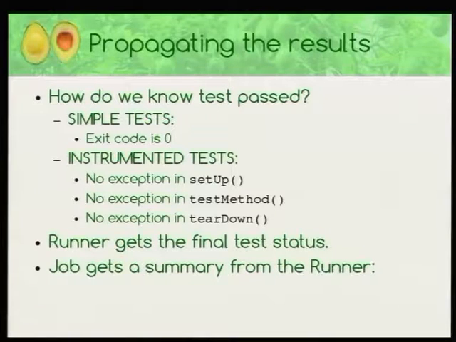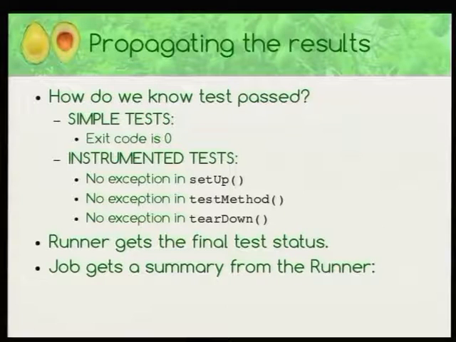Okay, and how will the job back there know the results from the tests that are executed by the test runner? How do we propagate the results back up? If they are simple tests, it's all about receiving the exit code 0, and then we consider that that test actually passed. If it's an instrumented test, then we check that there's no exception in the setup phase, no exception in the test method execution, and no exception in the tear down phase, and then we consider that that test passed.